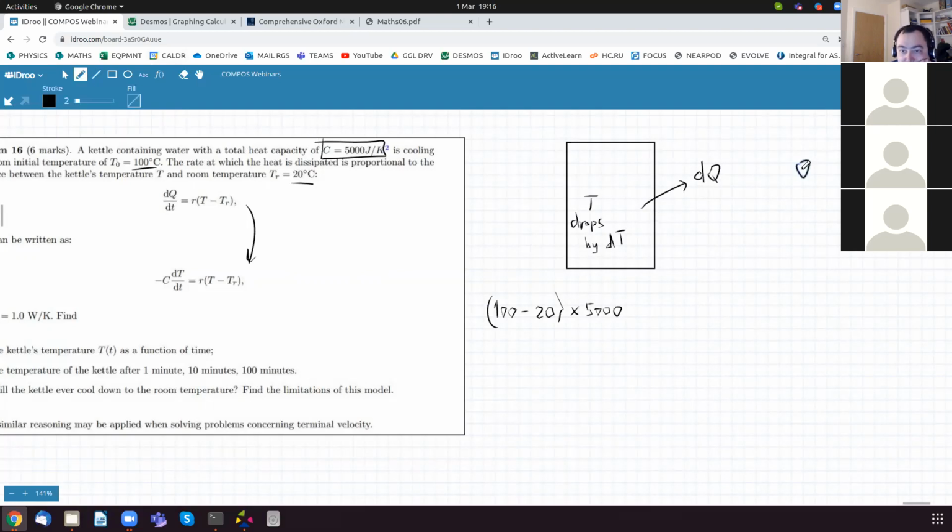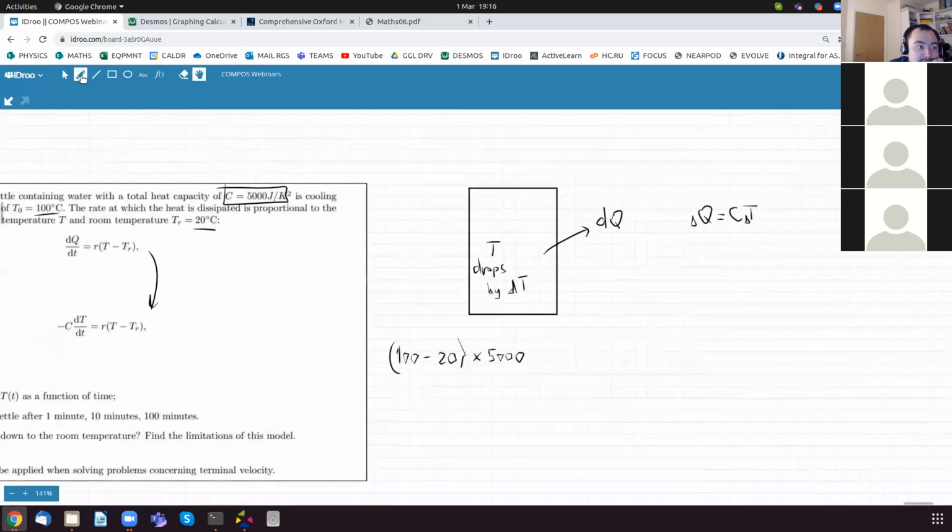So the Q is CT. Well, actually, delta Q is C delta T. Now, in physics, you have delta Q equals cm delta T. But this is specific heat capacity, and this is heat capacity. This is the total heat capacity, not per kilogram, but per kettle.